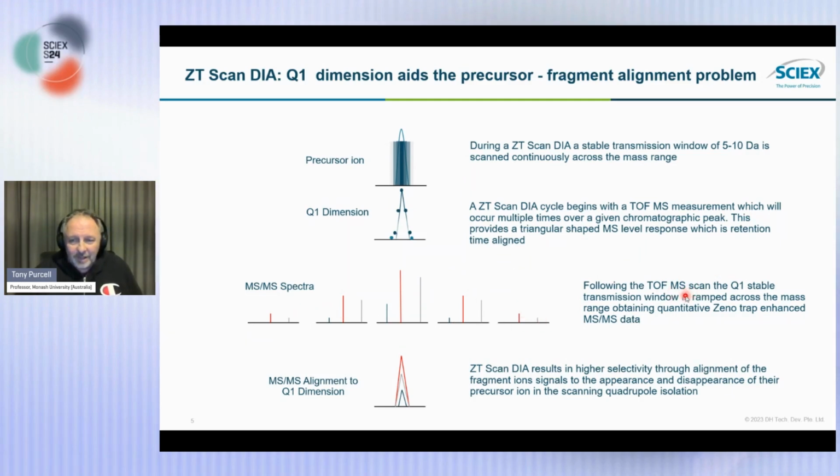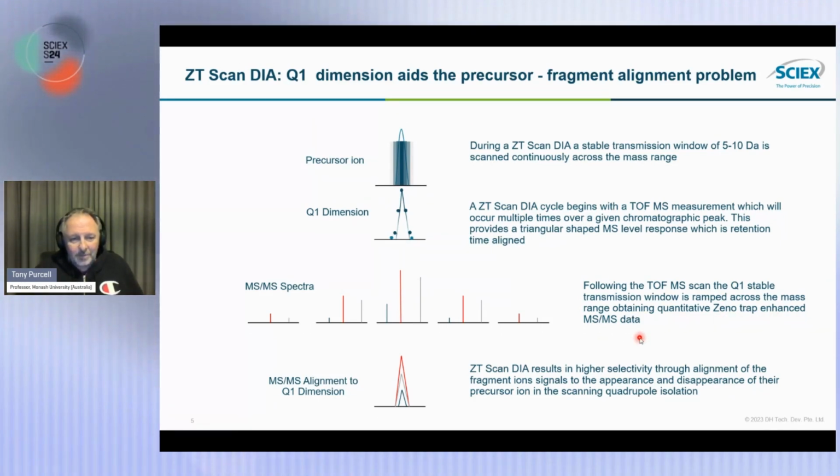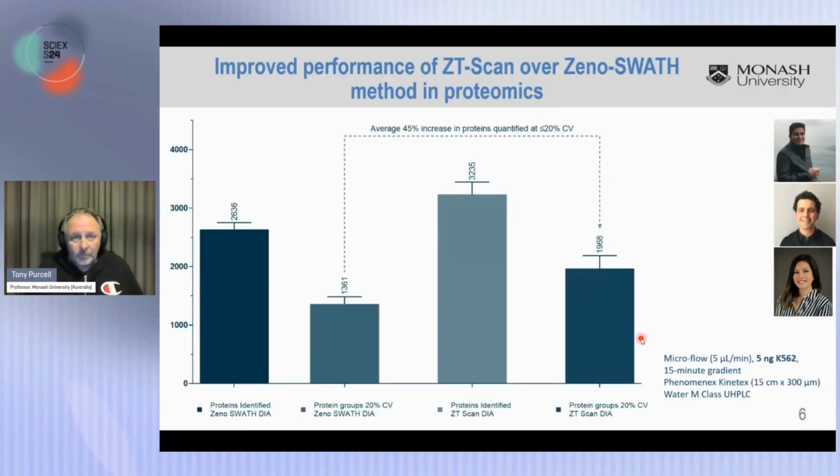Following the TOF-MS scan, this stable transmission window is ramped across the mass range, obtaining a quantitative Zeno-trap enhanced MS/MS data set. And then we're able to align the MS/MS data to that Q1 dimension again to get very good alignment of precursor ion mass and the fragments that belong to it.